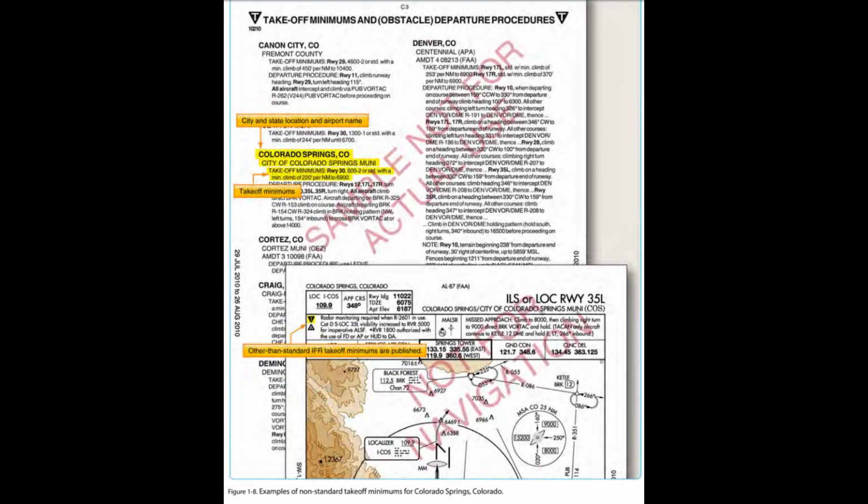Figure 1.8. Examples of non-standard takeoff minimums for Colorado Springs, Colorado. End of page 1-9. Safety regulations would be extremely complex and unwieldy if all possible variations in situations were addressed by regulation.